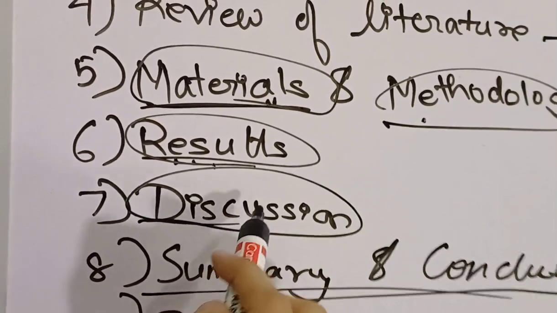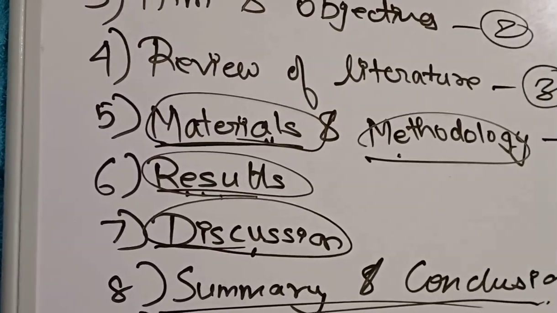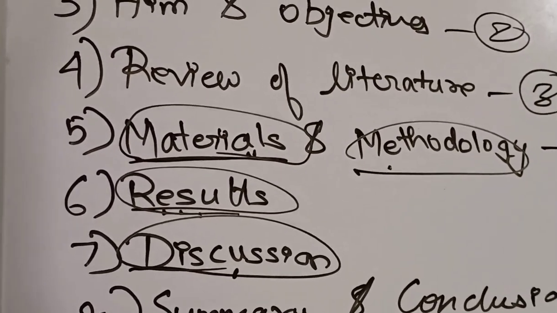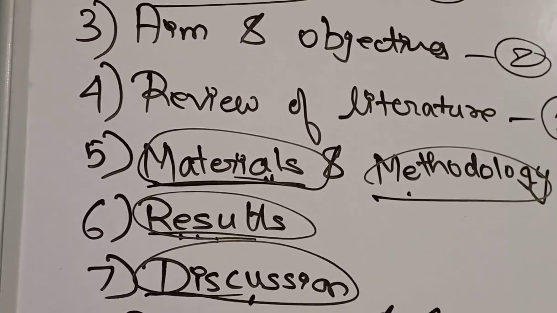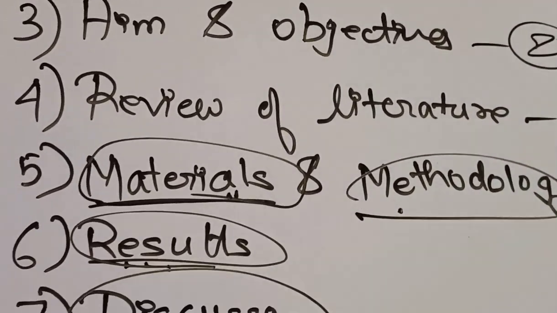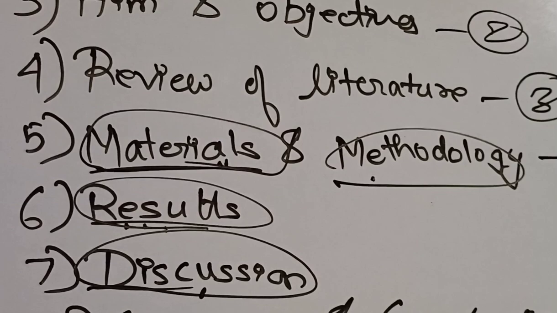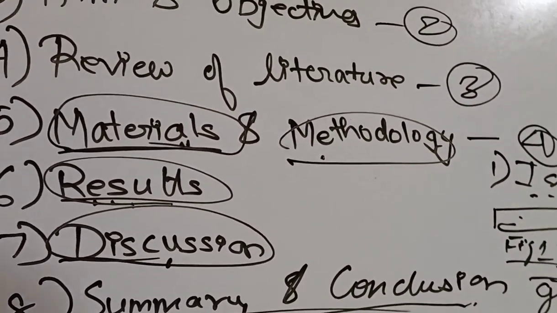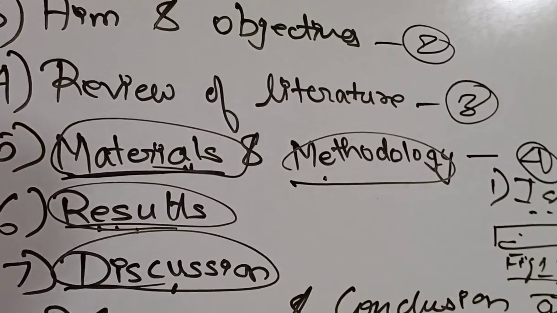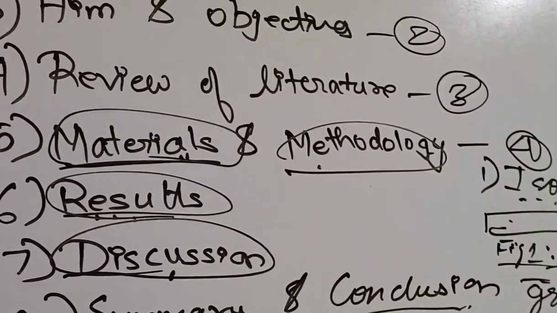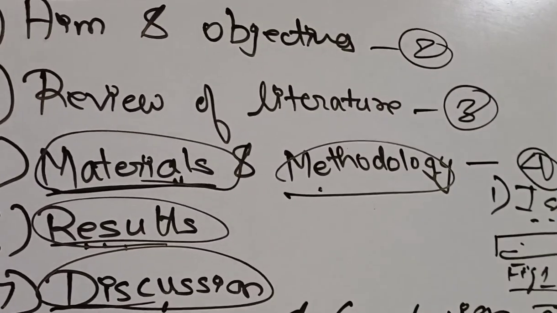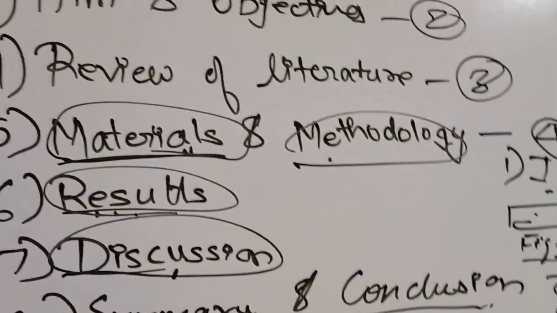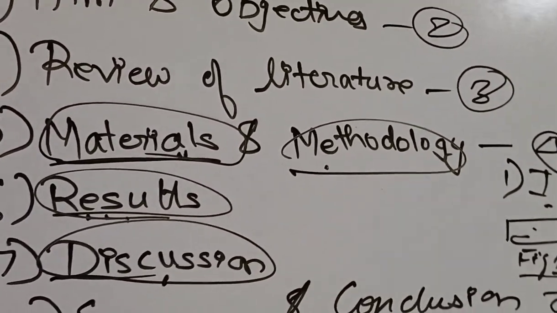Then start with the discussion. Discussion basically tells you, results are what you got, but in detail, why did you get this? Compare the results from different procedures. If you did three procedures, compare which method is better in performing and why, or what difference you got, or how it is different from the already done research.